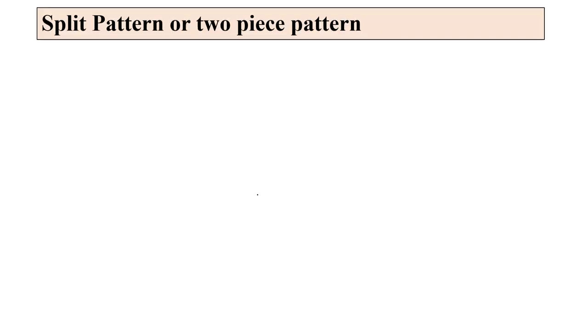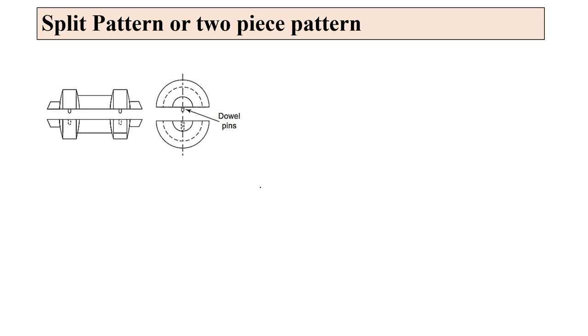The next pattern is the split pattern, or two-piece pattern. Here you can see this pattern is in two parts. One is the cope part and this one is the drag part, and this pattern is completely matched by using the dowel pins.